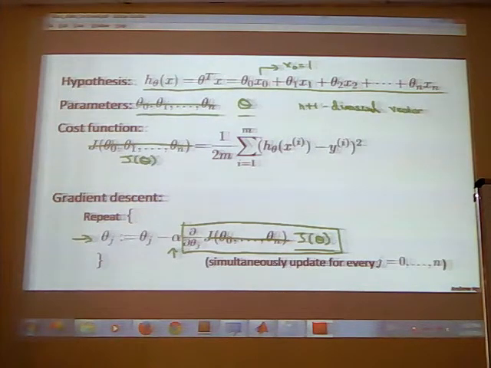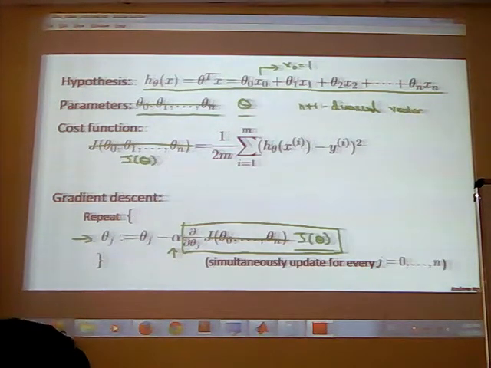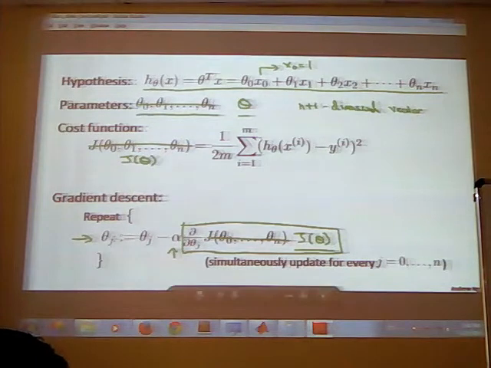We had a cost function which was denoted as J of theta 0, theta 1, theta n. So now we have theta as an n plus 1 dimensional vector, so we will denote it as J of theta, which simply means this squared error function. Gradient descent was updating the value of theta by taking the derivative of the cost function.